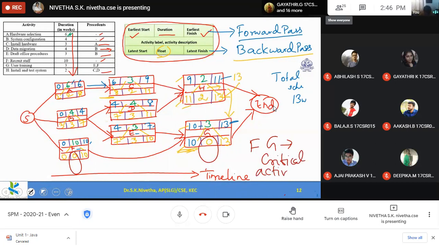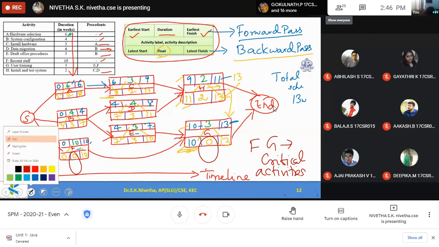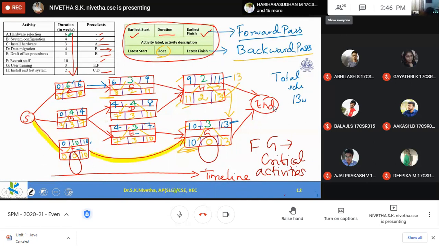Activity F and G are known as critical activities. So the critical path for the entire project is start, F, and through G. So that is the critical path. So this path is the critical path.